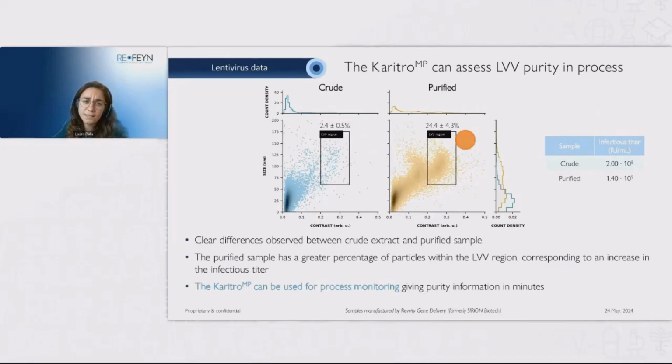This has a nice correspondence with the infectious titer that was measured by our collaborator, which increased by about sevenfold. So what we are showing here is that the KaritroMP can be used for a process monitor assessment because it can give you a purity information on the lentivirus enrichment throughout the prep within minutes.